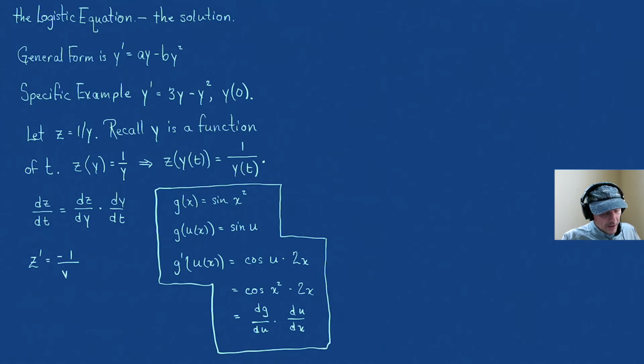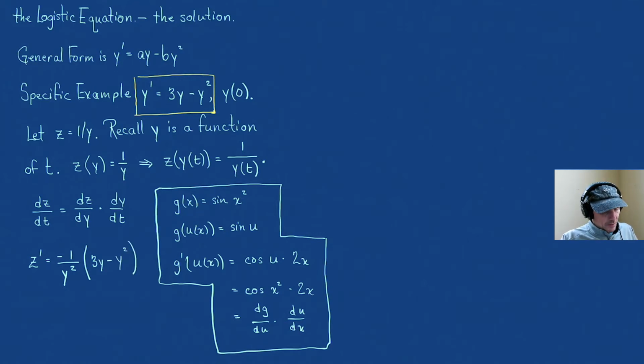That's dz dy times, what in the world is dy dt? dy dt is where this whole problem started. That dy dt is y prime. So we substitute that in there, times 3y minus y squared.